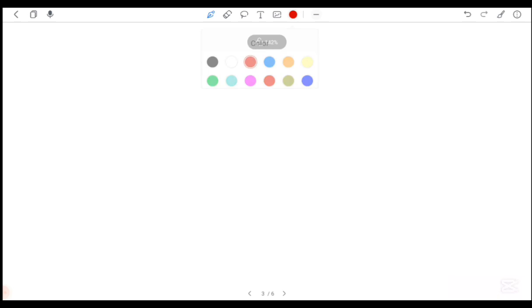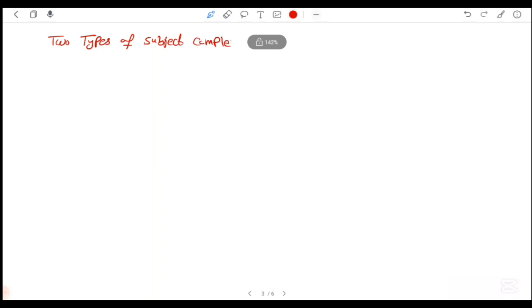So now we understood how to write sentences for subject complements. Now it is the time to talk about the types of subject complements. We have two types of subject complement. They're not completely different, they have some similarities. So, there are two types.